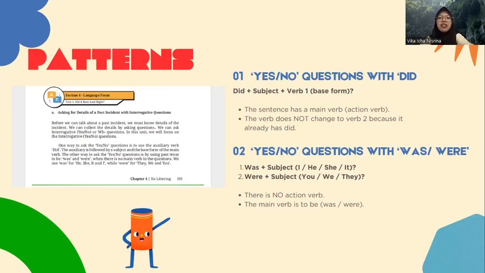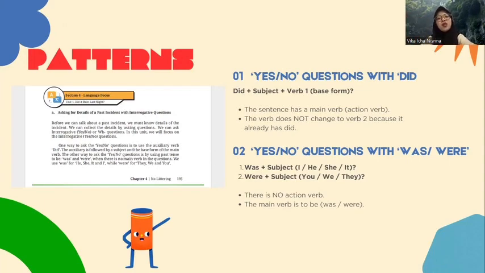The next way is using the past tense was and were. In this way, there's no main verb in the question; the main verb is was or were itself.